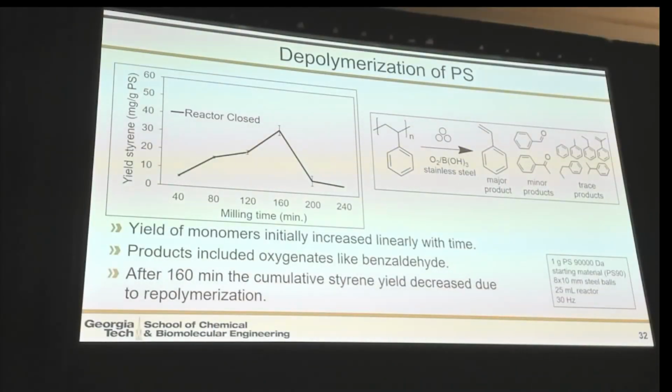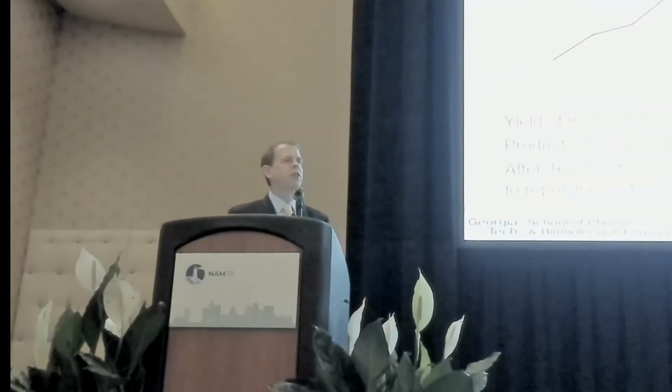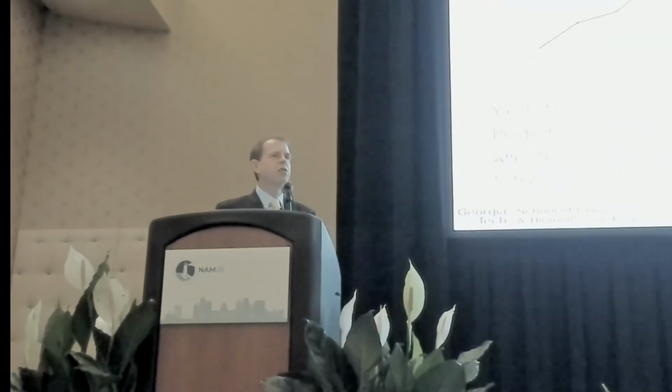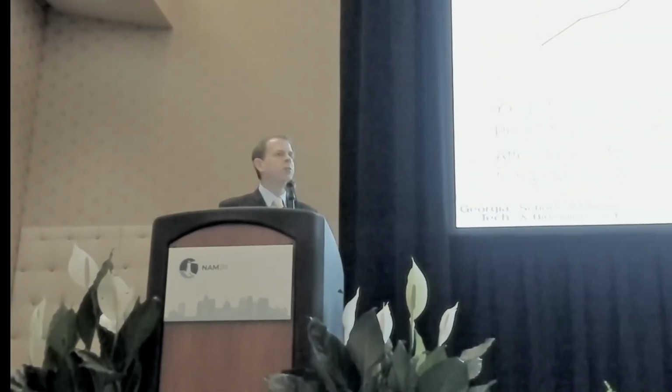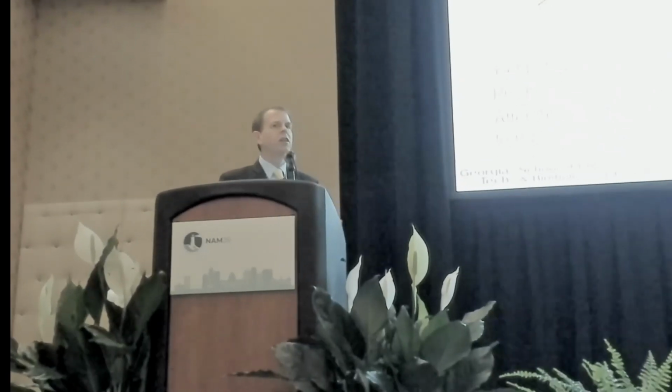For 2.5 hours, we kept making styrene monomer in the ball mill, but then it collapsed on us and we lost our product. So this is a radical depolymerization process, and we thought that the problem is probably that we create radicals and too much repolymerization happens in the ball mill.